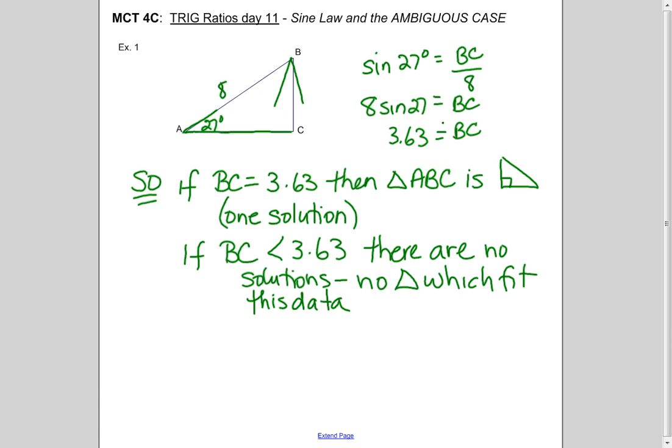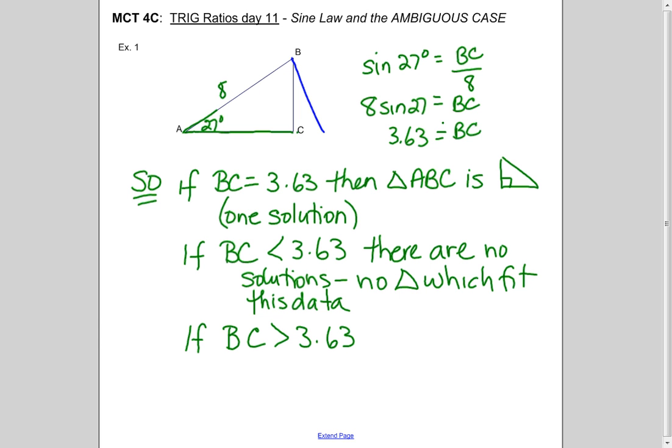It just wouldn't work. And the other case is if BC is actually longer than 3.63, I don't have a right angle triangle, but I actually have two possibilities. If BC is longer than 3.63, then BC might go down here and hit the base, because we don't actually know how long AC is.